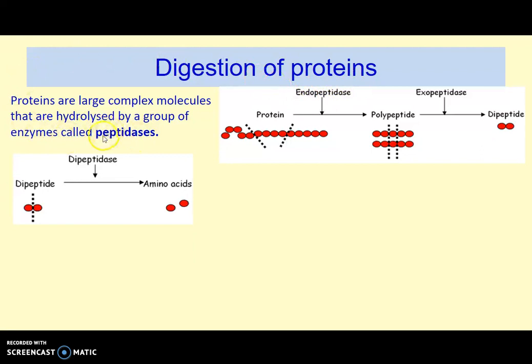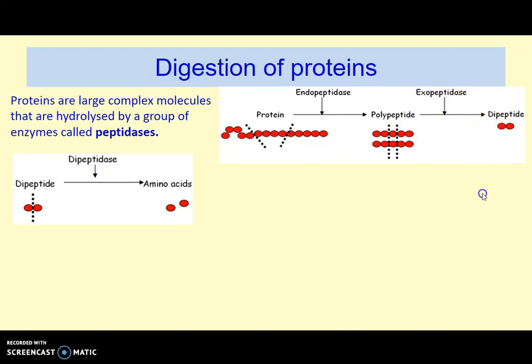They are all peptidases, but we have endopeptidase, exopeptidase, and dipeptidases. The endopeptidases will hydrolyze large protein molecules within the middle of the protein and break them up into small chains of amino acids.